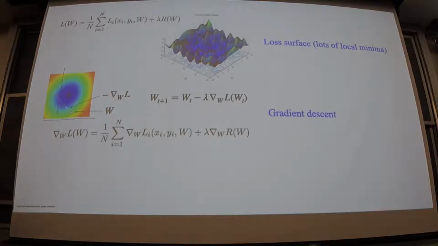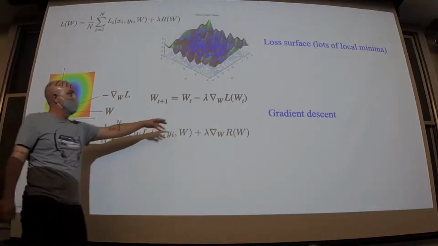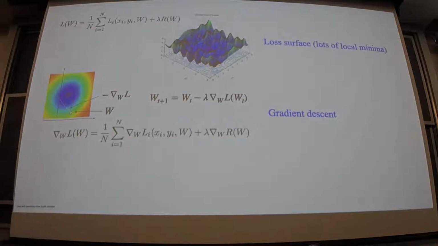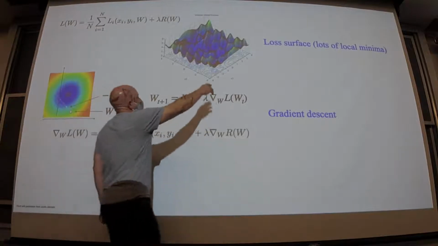And we just have to have this balance of not stepping too far, because this gradient really is only giving you very local information. The more curved things are around wherever you are, the worse an approximation that becomes as you step further away. You can picture this in a 2D version.